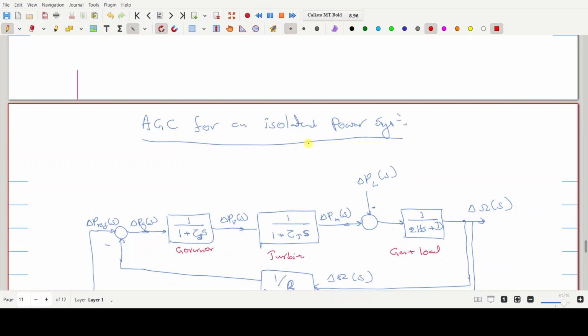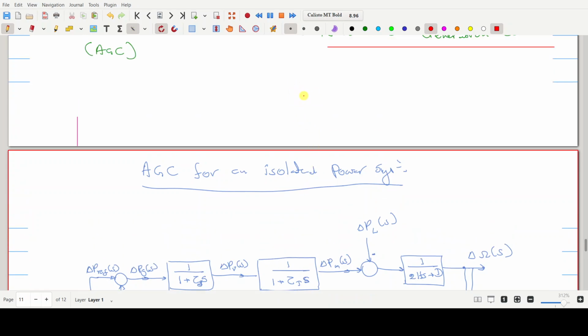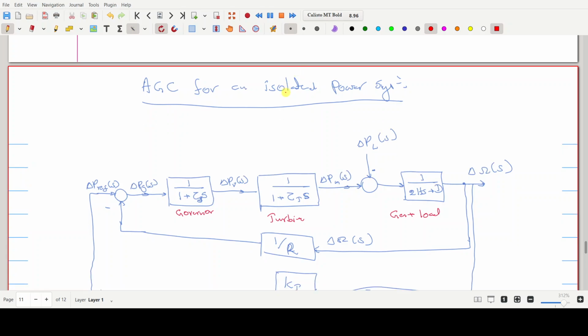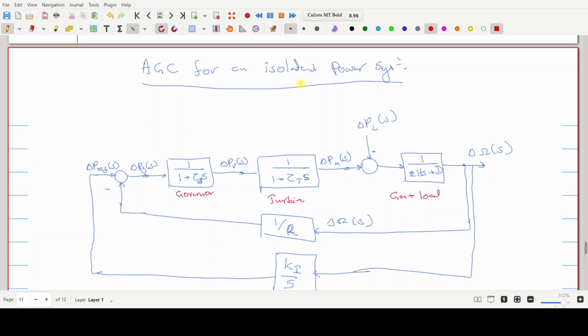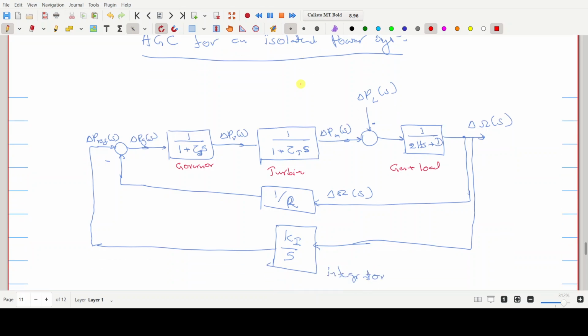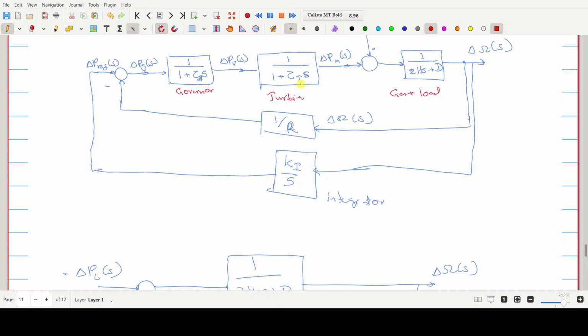Okay. Right, so let's take a look at the automatic generation control for an isolated power system. That means you have a single generator connected to the load.